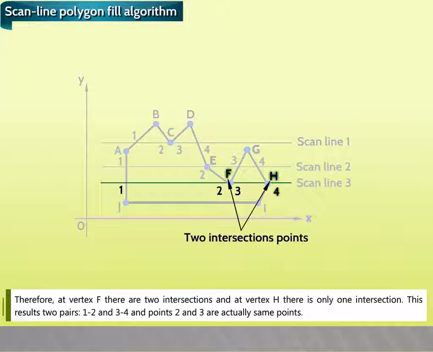Therefore, at vertex F, there are two intersections and at vertex H, there is only one intersection. This results in two pairs, 1 to 2 and 3 to 4, and points 2 and 3 are actually the same point.